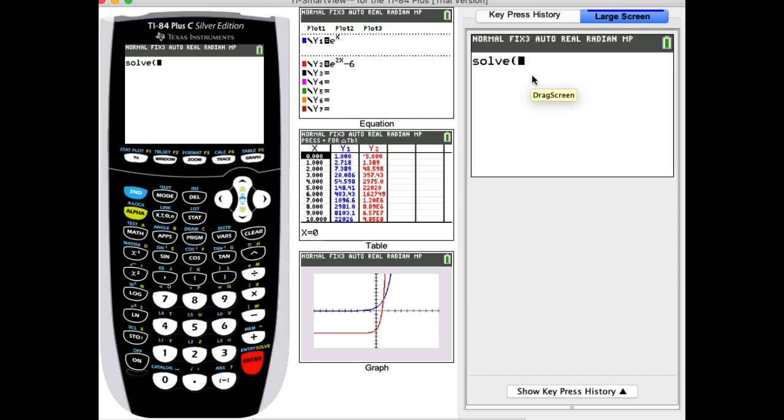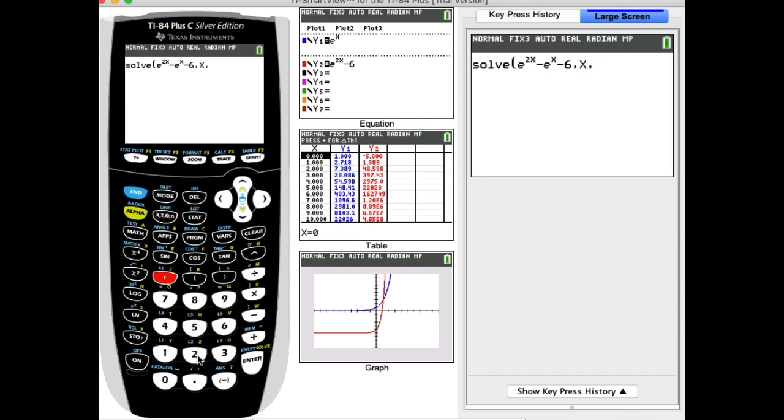By equating these two equations in a proper format, write the equation: e raised to power 2x minus 6 minus e raised to power x, comma x, comma.